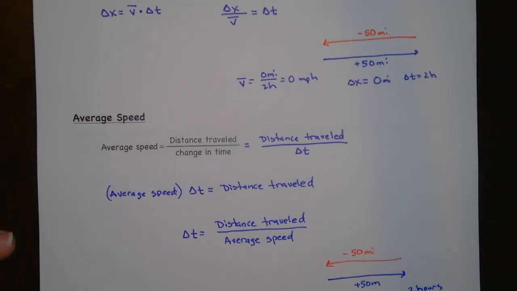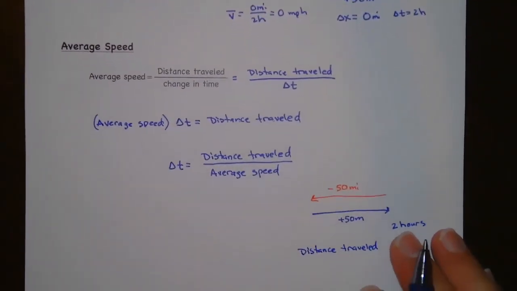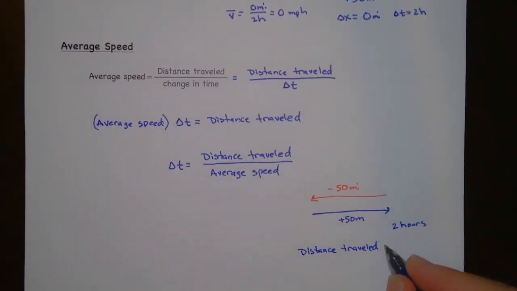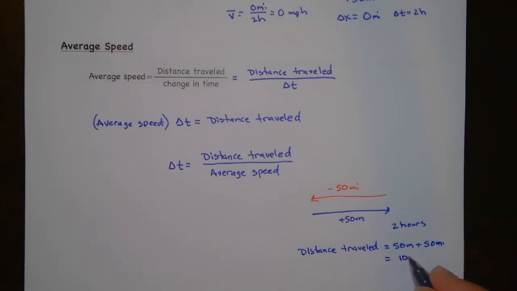Okay, so my distance traveled would equal this 50 miles plus this 50 miles. Remember, sign doesn't matter. You still went 50 miles. And so that would be 100 miles, okay?